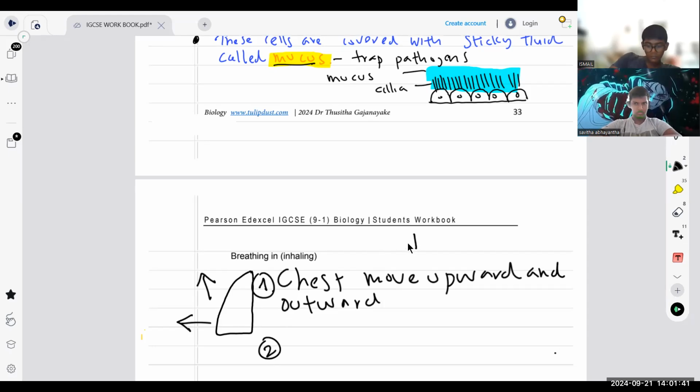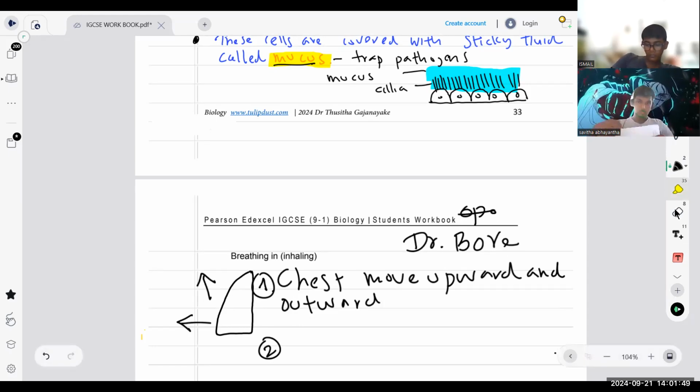Now in this case, the opposite of breathing out is happening. So diaphragm contract.